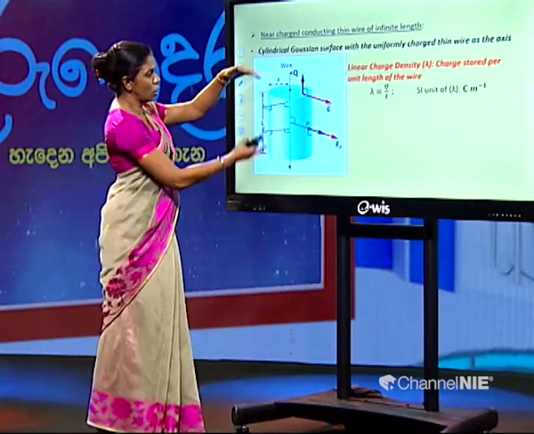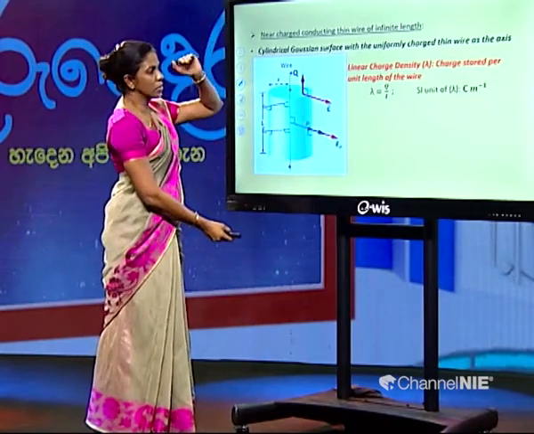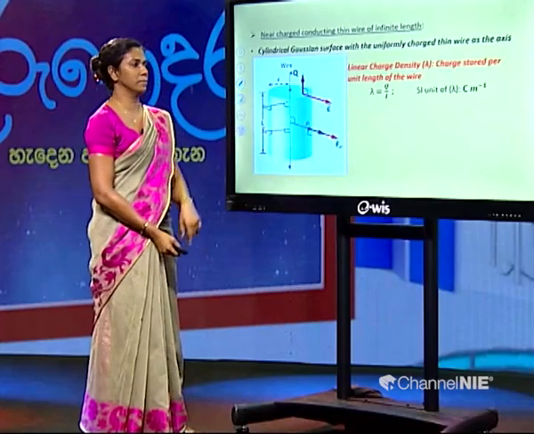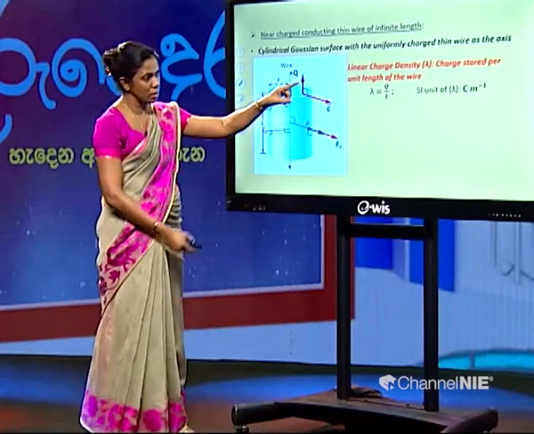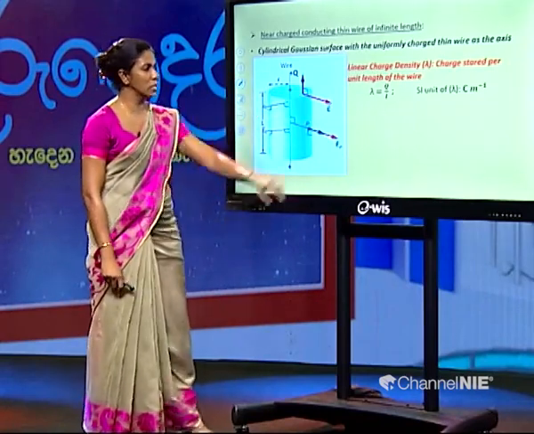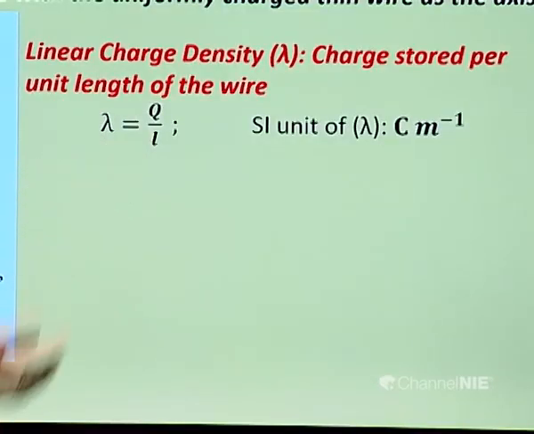It is a long straight wire, the charge stored per 1 meter of the wire. So, per unit length of the wire, the total charge divided by the total length gives me the linear charge density. So, lambda would be the amount of charge stored in 1 meter length of the wire, coulombs per meter.